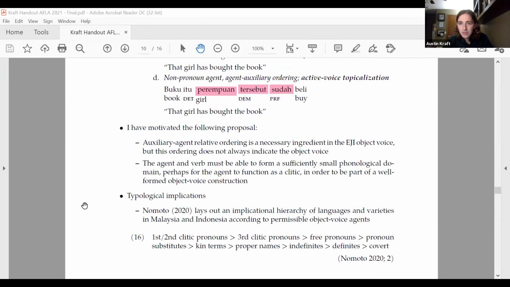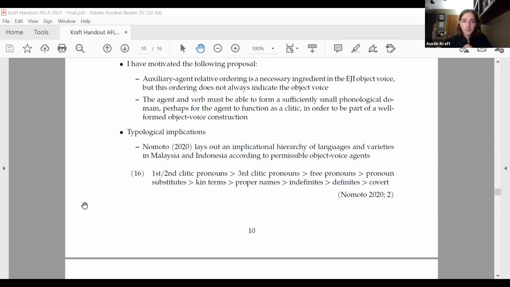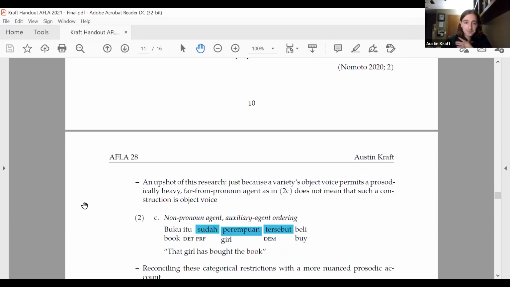And with the last minute or two left of the talk before we proceed to discussion, I wanted to look to some typological implications. For one, Nomoto's implicational hierarchy, recently proposed on the languages of Malaysia and Indonesia according to their permissible object voice agents, where we have these categories arranged hierarchically: pronouns, kinship terms, proper names, indefinites, definites, and covert nominals.